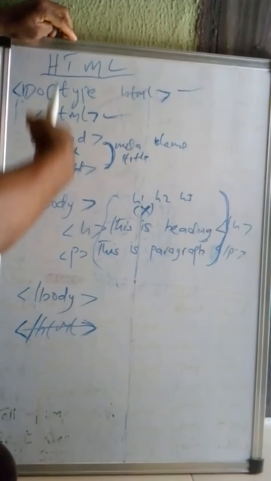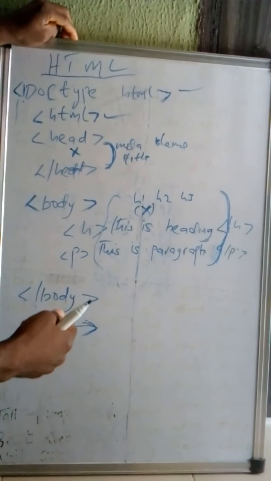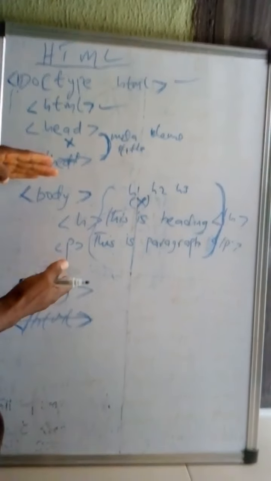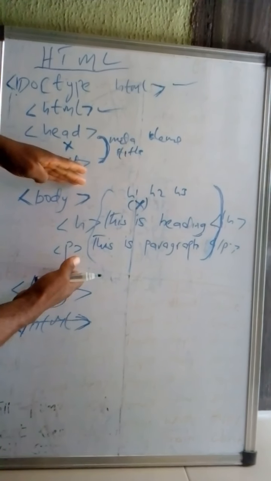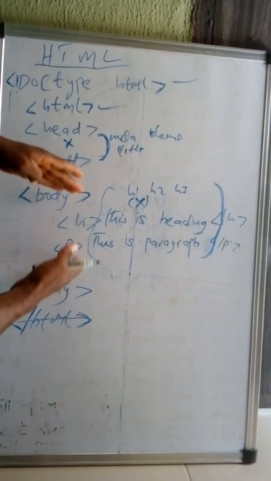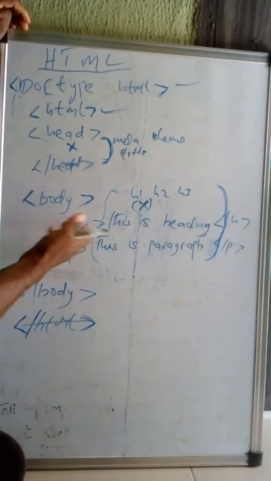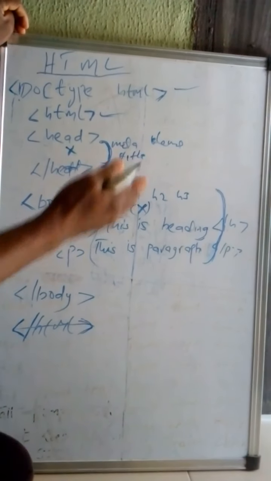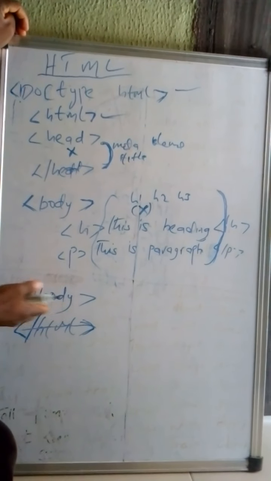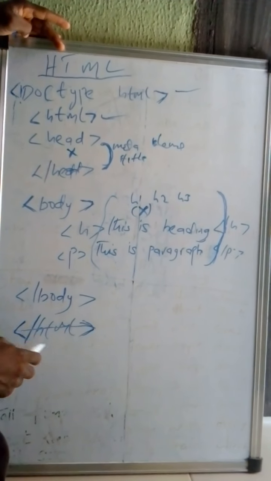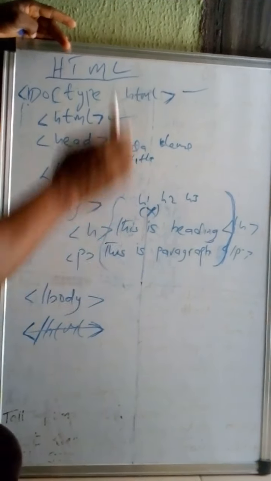We talked about the viewport, which also talks about the initial scale, and then at the body, the contents appear in the body. The body is made up of 2 major elements: the heading and the paragraph. And then you must close the body with the closing tag, and then close the entire web page with your HTML closing tag.